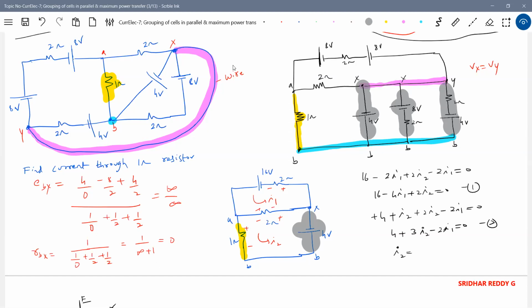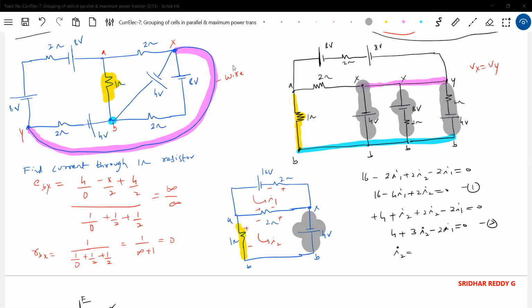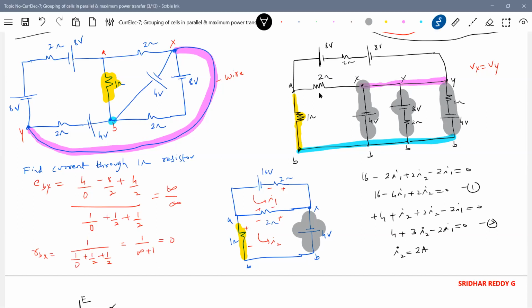I2 is 2 ampere, I1 is 5. Okay, this will be our answer.